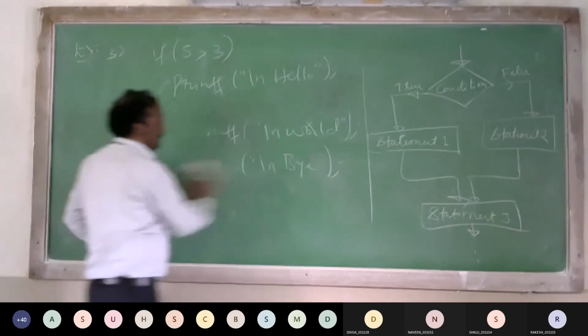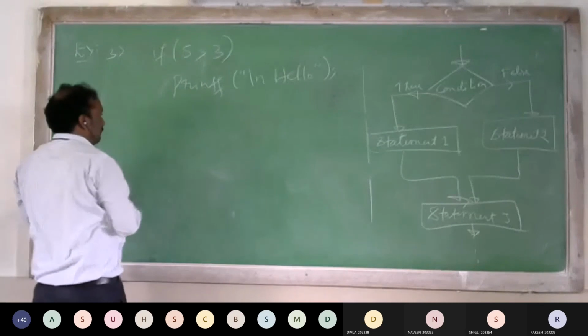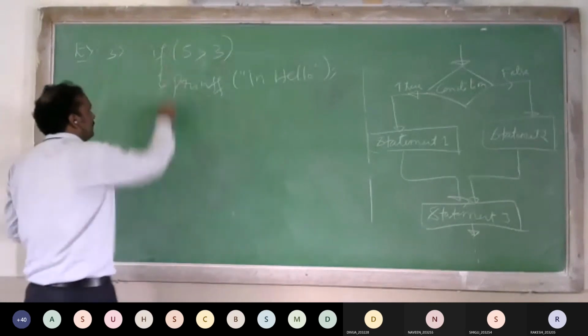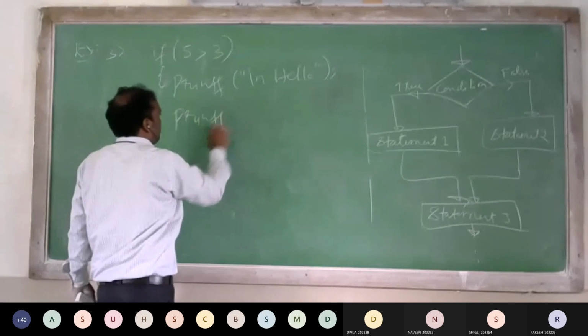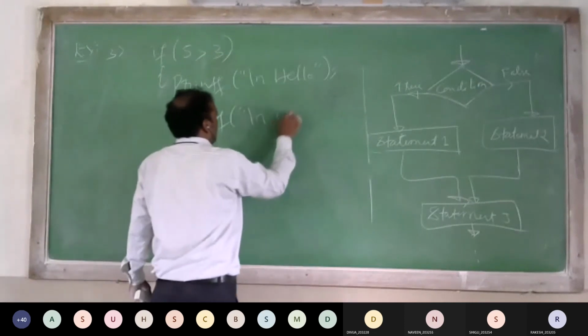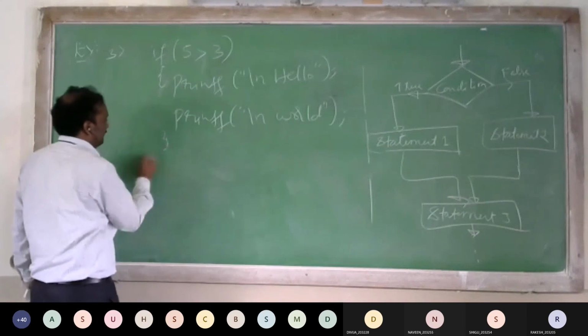Third example. Now, what if many statements are there below if? If many statements are there, then you have to use the flower braces. printf world, else.